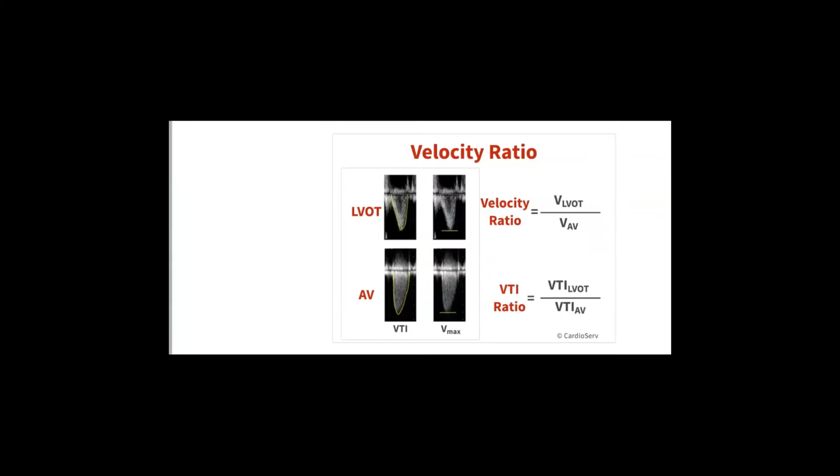That's the definition of severe aortic stenosis. Severe aortic stenosis is defined as a velocity of the aortic valve flow 4 times that of the LVOT. Therefore, when you divide LVOT by aortic velocity, you get 0.24. Okay? That's where 0.24 comes from.